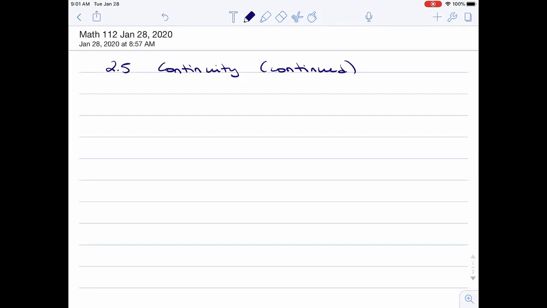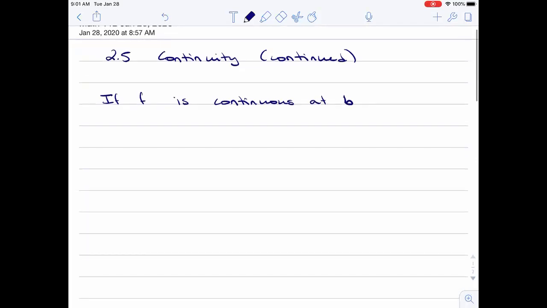So we'll start with a kind of a theorem here. If f is continuous at b, and the limit as x approaches a of g of x is equal to b.